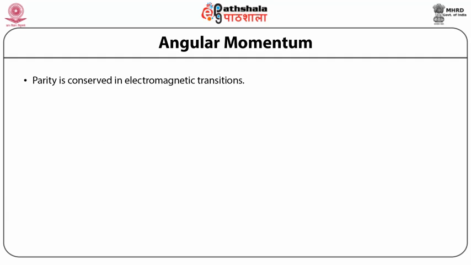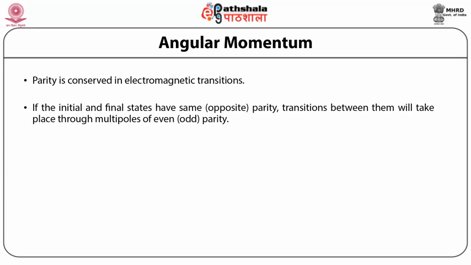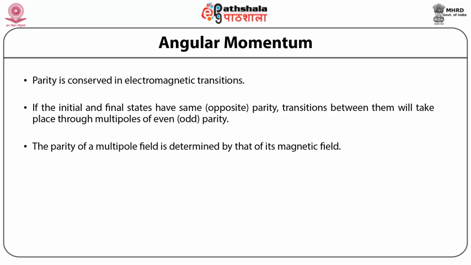Here parity is conserved in electromagnetic transitions, and if the initial and final states have the same or opposite parity, transitions between them take place through multipoles of even or odd parity respectively. The parity of a multipole field is determined by that of its magnetic field.